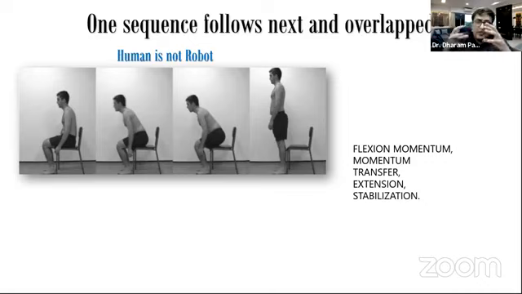So here you can see, as an example, sit to stand. There are different sequences and different steps in the sit to stand function. Sit to stand is a human function we do every day, and it requires a sequence of movements: flexion momentum takes place, then this momentum gets transferred, and then there is an extension of the trunk and hip, and then the stabilization phase comes.